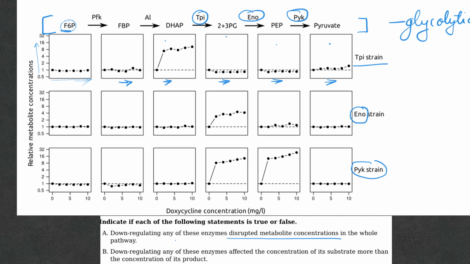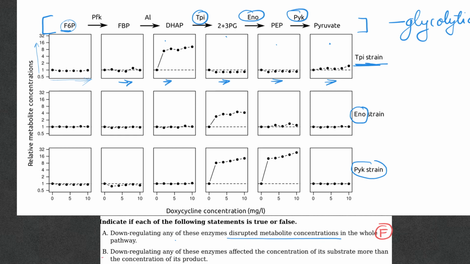Now you can clearly see that if we change the TPI enzyme, we are observing the change in one and a few others, right? Not all over. The same is the case of ENO. The same is the case of PYK. Not the whole enzymatic pathways have been shaped or misshaped. So this is clearly a false statement.